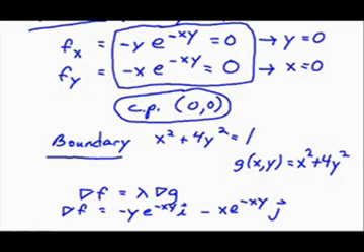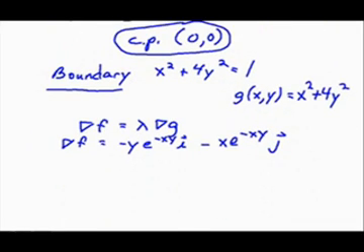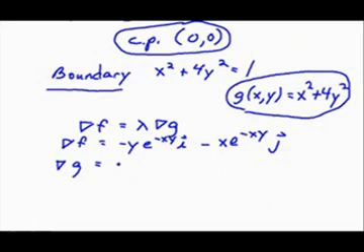That's the partial with respect to x times i plus the partial with respect to y times j. Then ∇g: the partial with respect to x is 2x, so 2x i plus the partial with respect to y is 8y, so 8y j. And then λ∇g would be 2λx i + 8λy j.